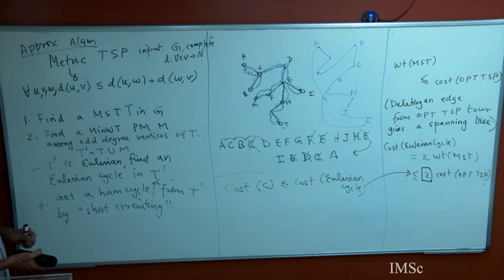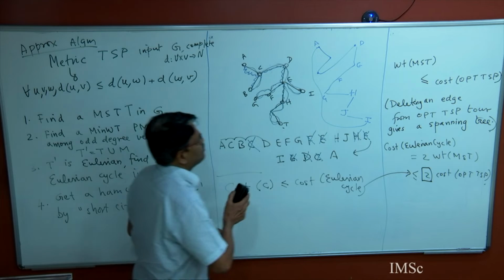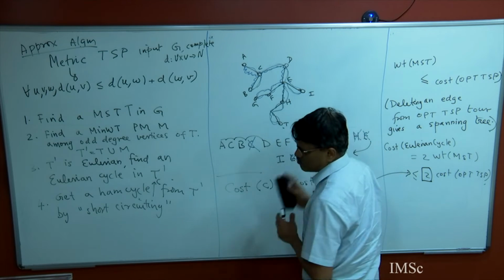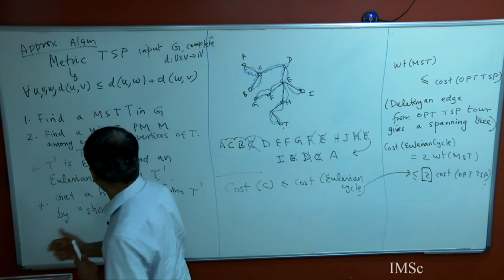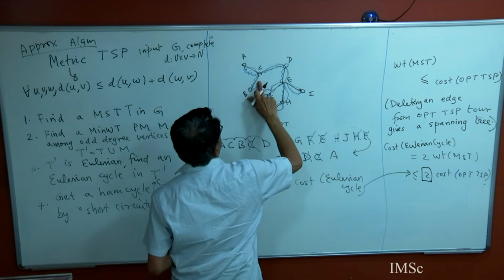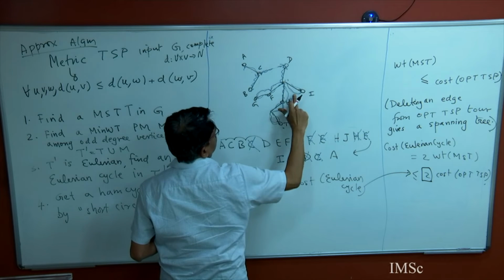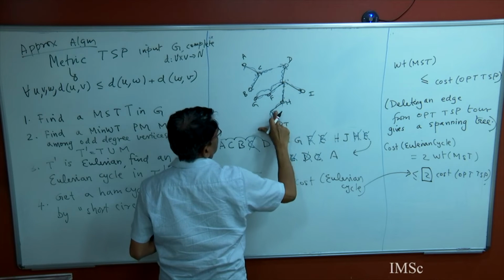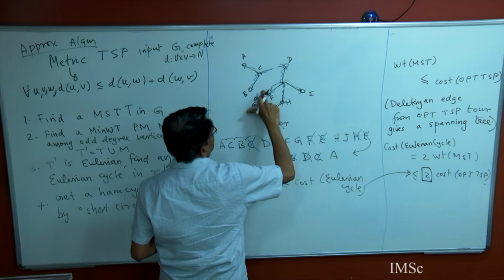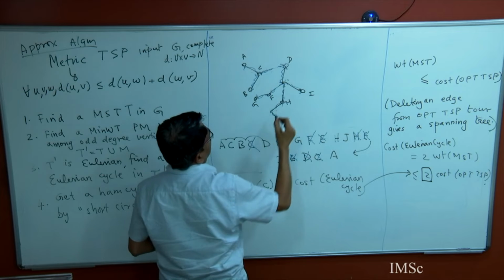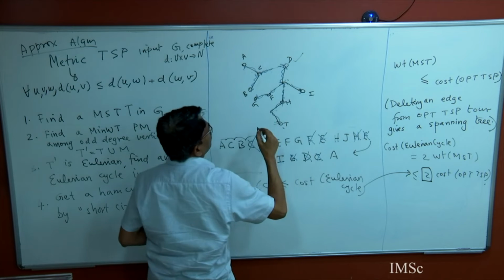Okay, so now let's see on this example what I would have done. This was my tree. This is even degree already, so I won't bother.